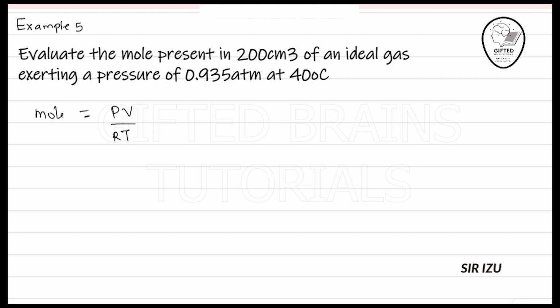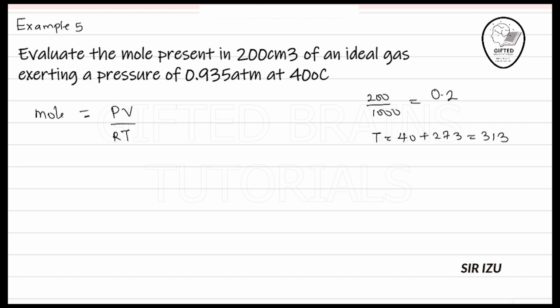But the volume is in cm cube, so I have to convert to dm cube, which is 200 over 1000. I'm doing my conversion now, and that will give me 0.2. And again, I'm also given that my temperature is not in Kelvin, it's in degrees C, so I will have to say 40, which is what is given, plus 273. So this will give me 313.